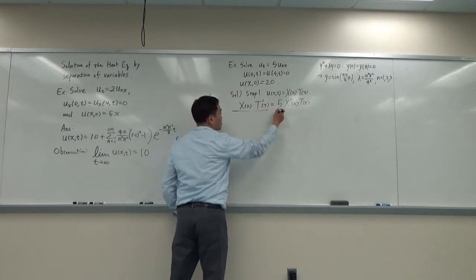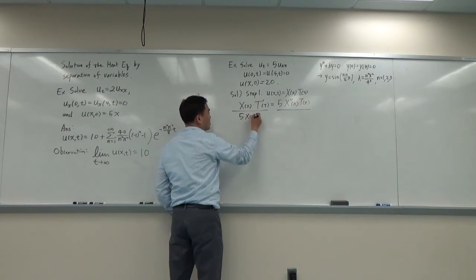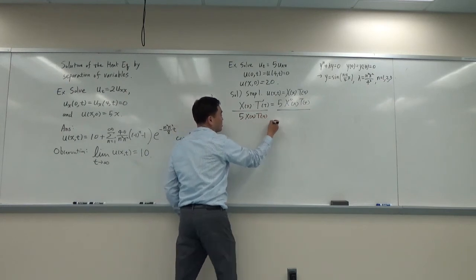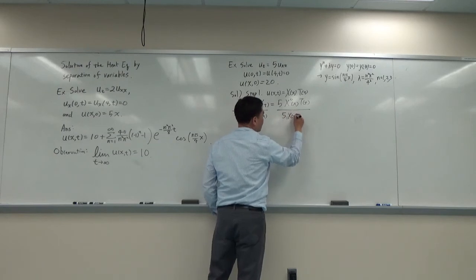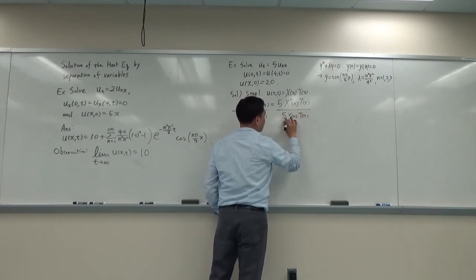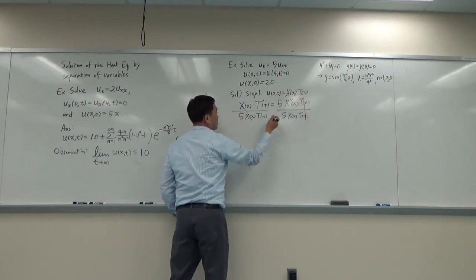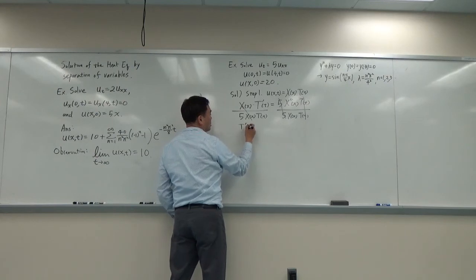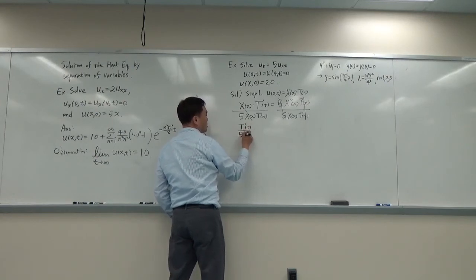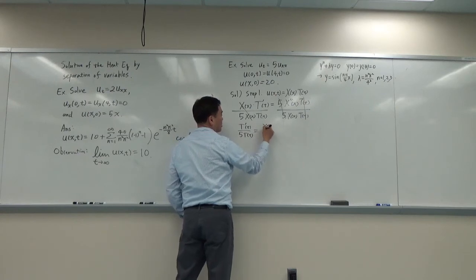And we have to divide both sides by k X T, so it's 5 X T, so that when you cancel, you have T prime(t) over 5T(t) equal to X double prime(x) over X(x).